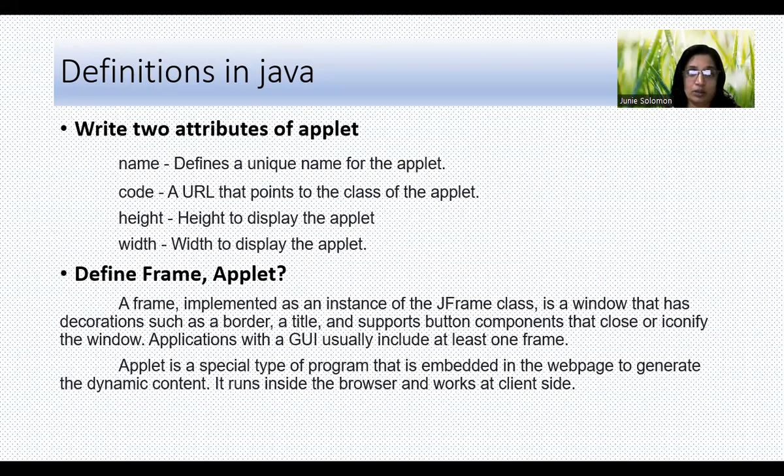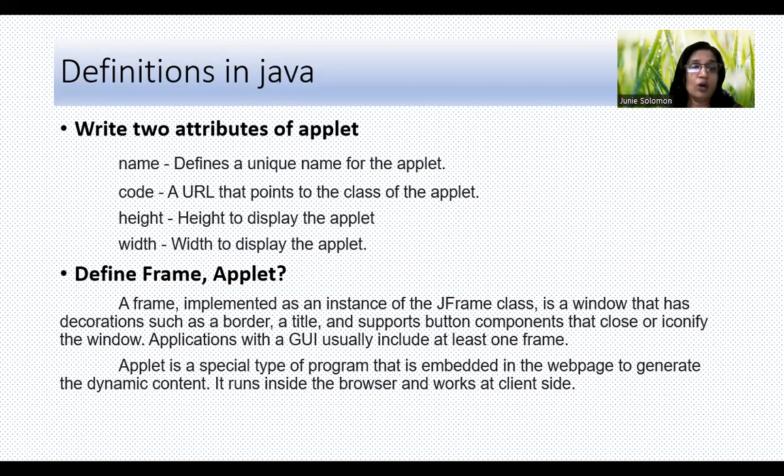And code, where you point to your applet class, the code URL. Then height, how much height you want for the applet, and width, how much width you want. There are more attributes. You can write any two.